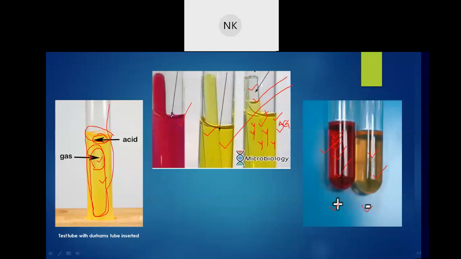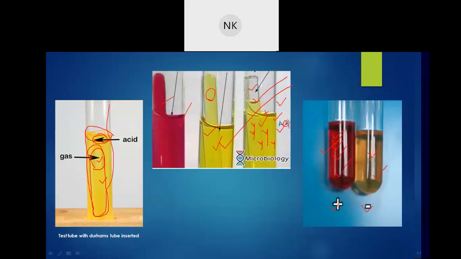If there is no formation of acids and gases, this is how it gives a negative result. This is with the same phenol red again. This is a positive result for acid production only, because there is no gas produced in the Durham's tube.